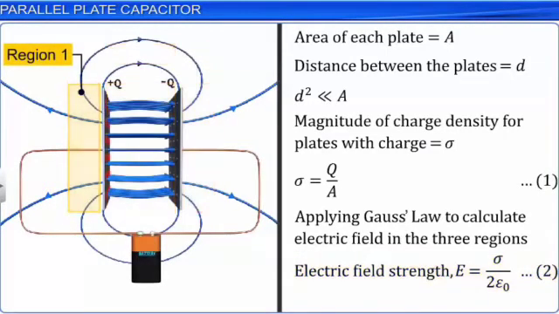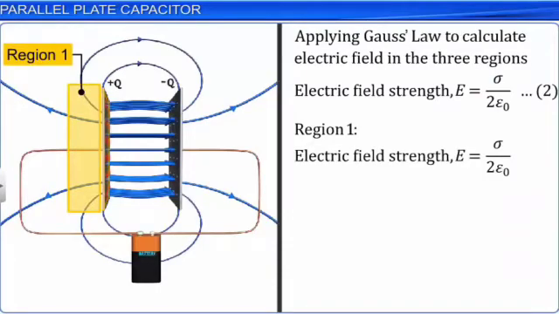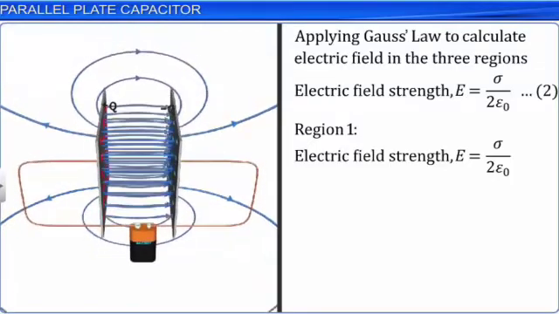In region 1, we see that due to the positive plate of the capacitor, the electric field strength E is equal to sigma by 2 epsilon naught, and directed away from the positive plate and towards the left.